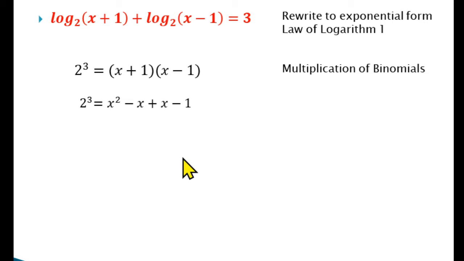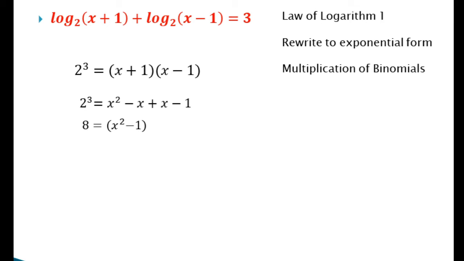Simplifying both sides of our equation, we have 2 cubed is equal to 8 equals, because this is negative x plus x, this will be cancelled, and what's left is x squared minus 1. Next step is to combine like terms.